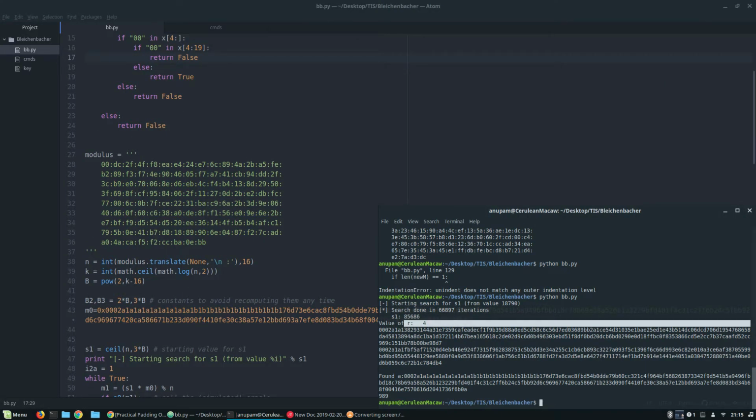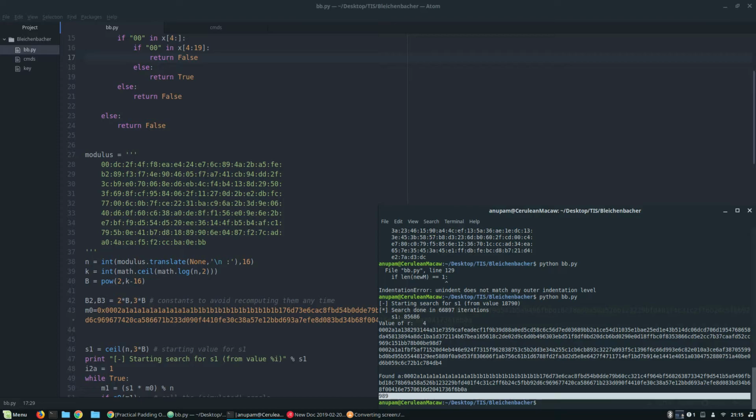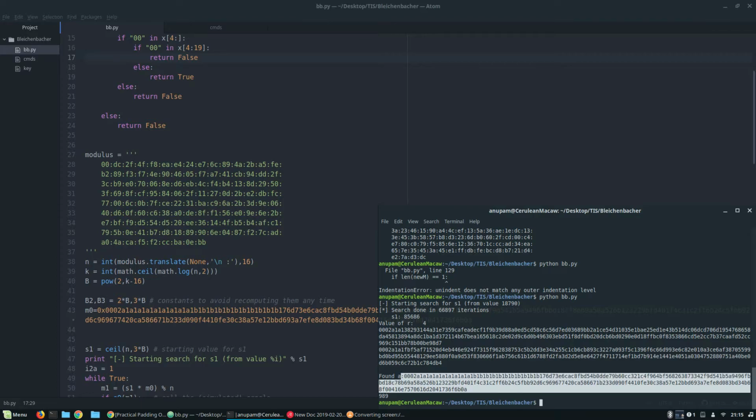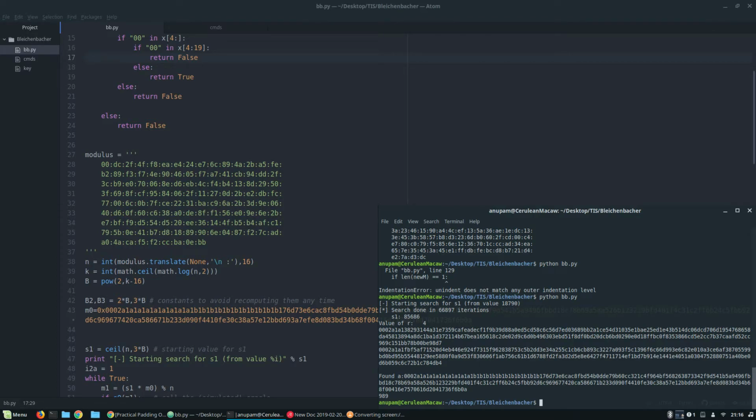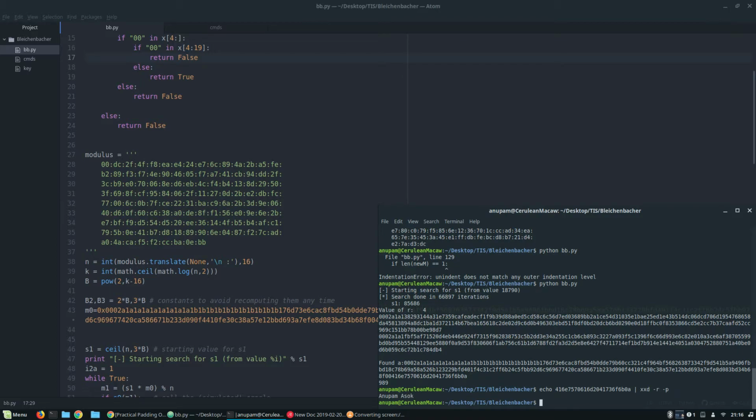Okay, now I have successfully run the code, and you can see the value of r is 4, and it has completed the search in 989 iterations, and this is our message that we were looking for. Let's see if the value after 00 is in fact the message we were trying to find. Let me convert this hexadecimal into ASCII and see.